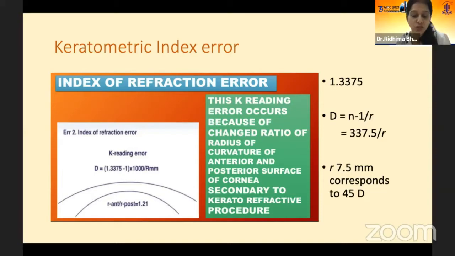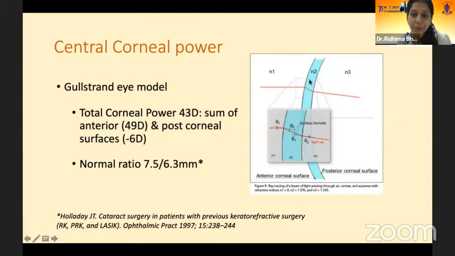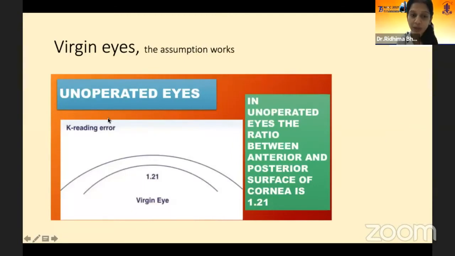And this is a source of error because usually the corneal power is a summation of the anterior as well as the posterior corneal curvatures. However, a single keratometric index of refraction is assuming the cornea to be a single refractive lens. It's assuming that it's a single refracting entity by assuming a fixed ratio between the anterior and posterior corneal curvature. While this may be true in unoperated or virgin eyes, this ratio is generally considered to be 1.21.